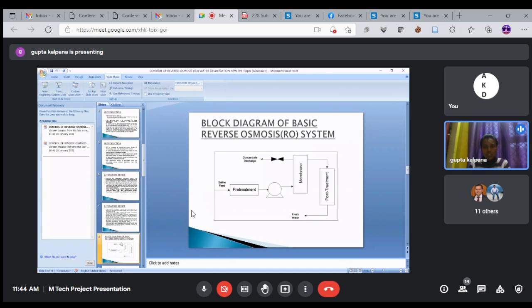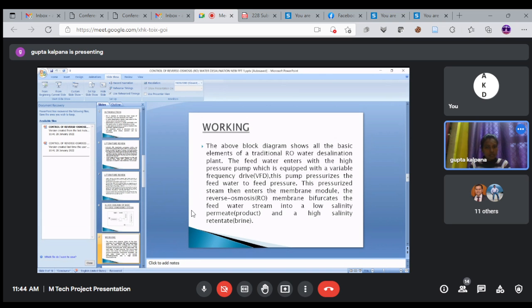Here comes the block diagram of the basic reverse osmosis system. As we see, all the basic elements of a traditional RO water desalination plant have been shown here.